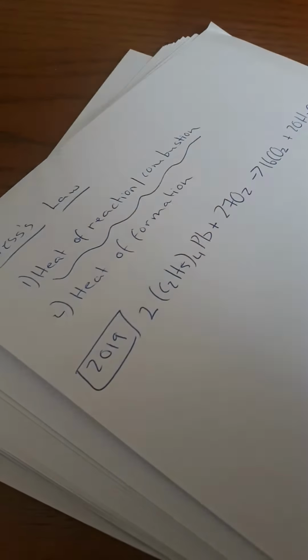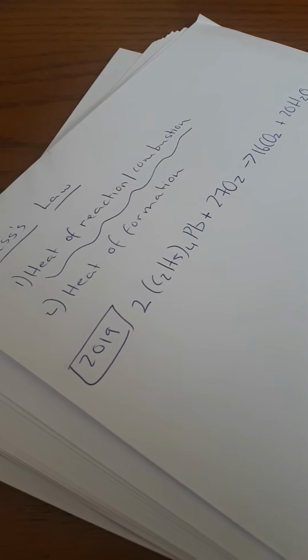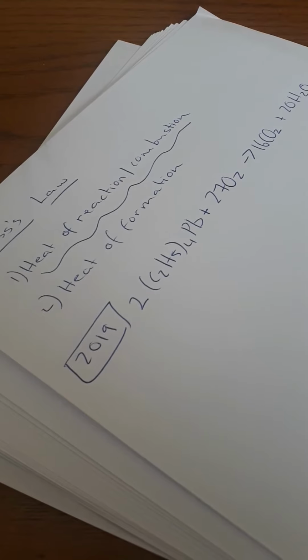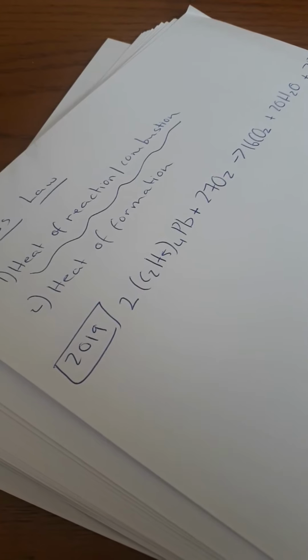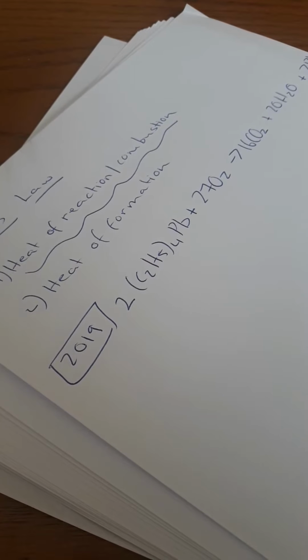We're given the heats of formation of tetraethyl lead, carbon dioxide, water, and lead oxide respectively, and we're asked to calculate the heat of reaction.